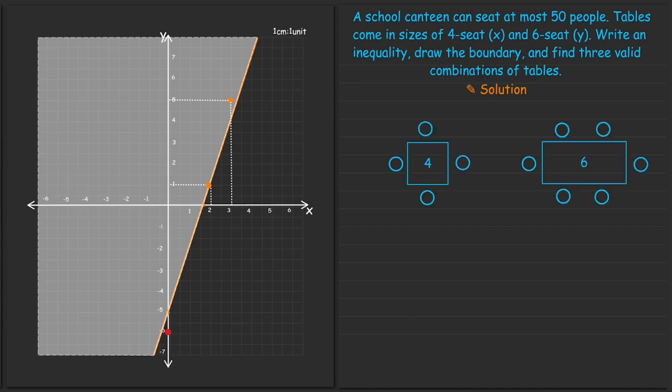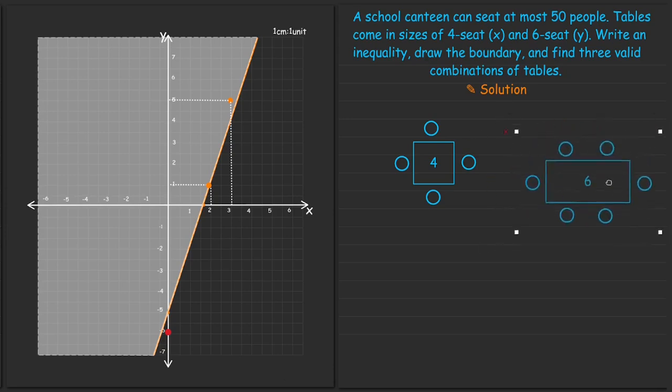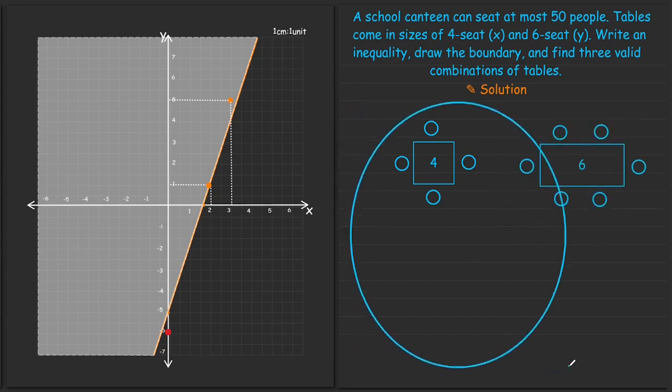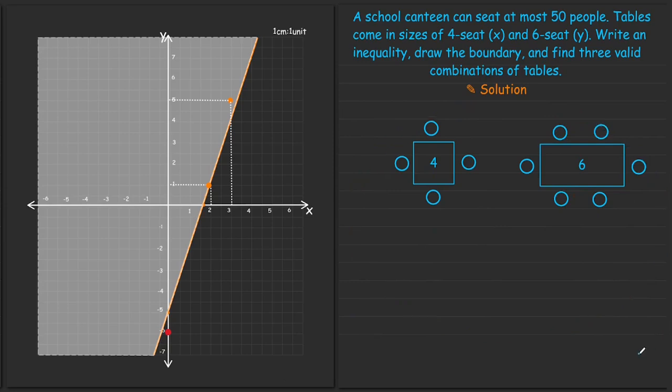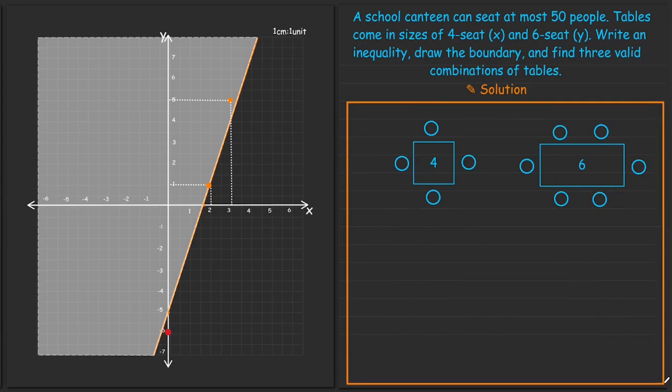So to illustrate what this question is talking about, this is a table that can take just 4 students, because it's in a canteen, and this can take 6 of them. Now, the canteen is very big, but though it is big, it can take a limited number of students, that is 50 at most.